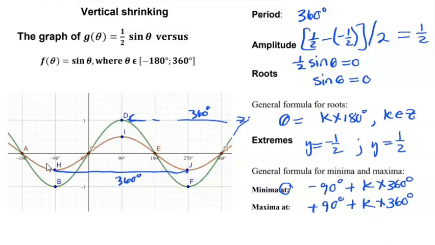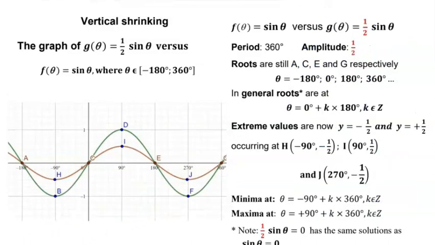So, in general, we can summarize what we saw on this graph by looking at the next page. Here is now the summary of vertical shrinking. If I have sine theta versus a half sine theta, then it will shrink the sine graph vertically by a factor of a half.